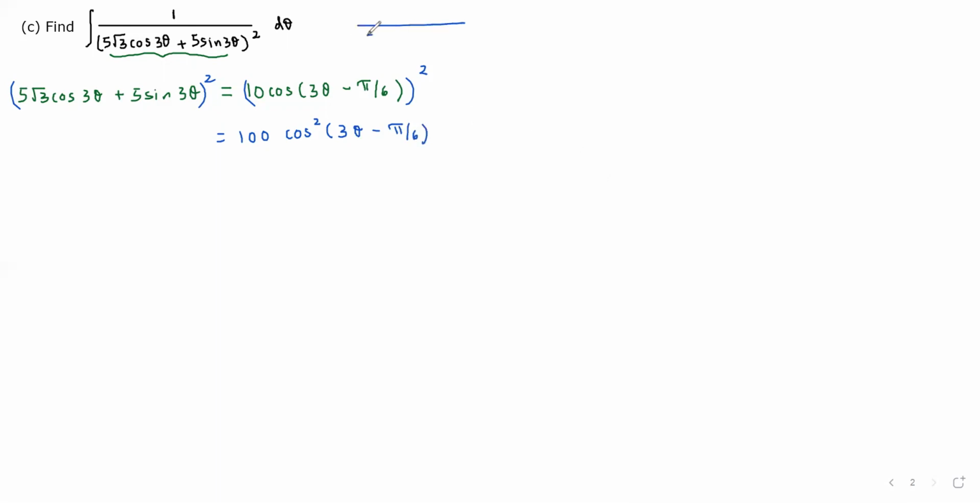That integral now becomes the definite integral of the reciprocal of 100 cos squared(3 theta minus pi over 6). We can factor out 1 over 100, and we have 1 over cos squared. The reciprocal of cos is secant.